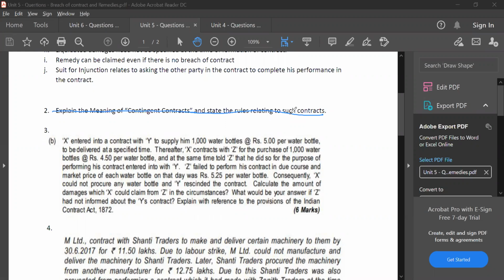Consequently, X couldn't procure any water bottle and Y rescinded the contract. Calculate the amount of damage which X could claim from Z in this circumstance. What would be your answer if Z had not informed about Y's contract? Explain with reference to the provisions of the Indian Contract Act 1872.